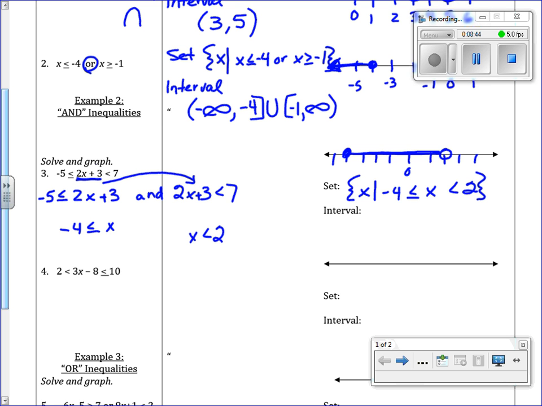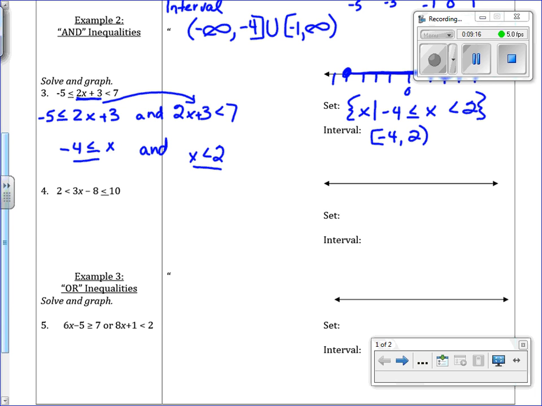So that's how I get these two inequalities, by solving this, okay? So, real quickly, my interval notation, because it's greater than or equal to negative 4, I have my bracket, which is negative 4, comma, and 2. So there's my parentheses. Okay, next one.